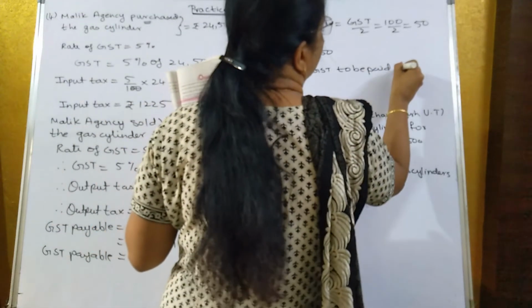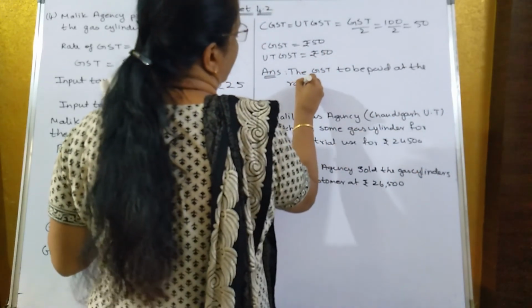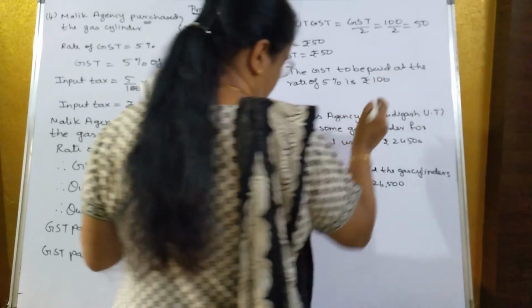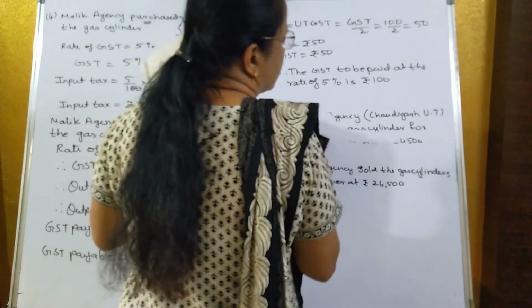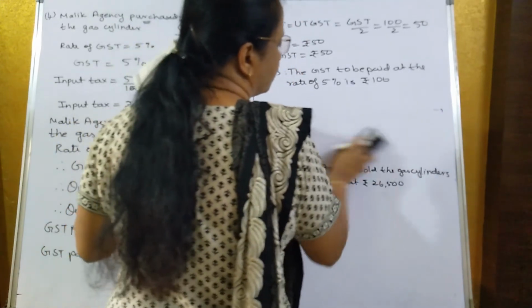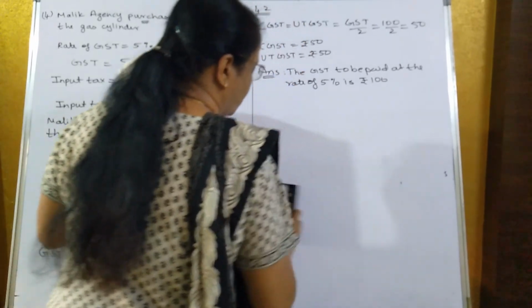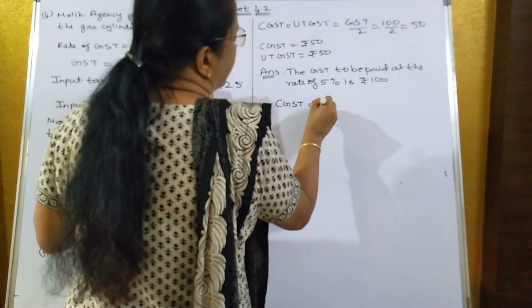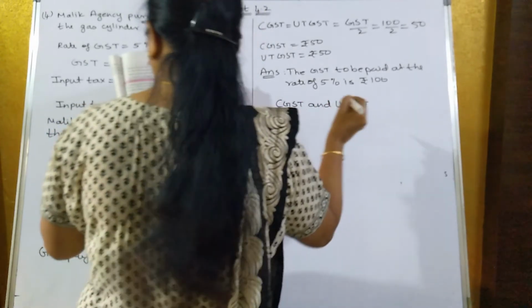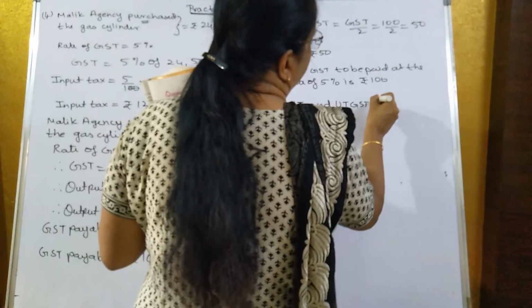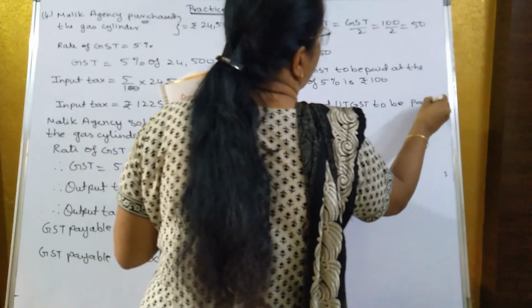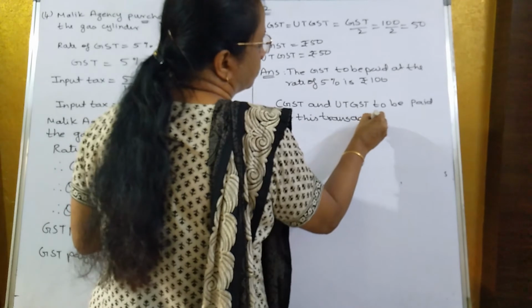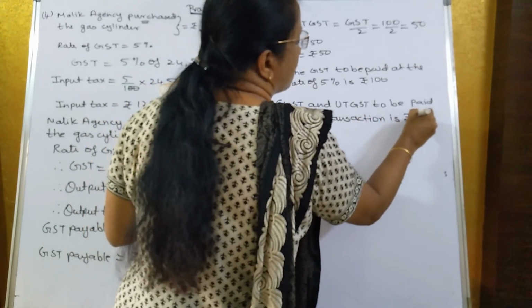at the rate of 5% is rupees 100 and CGST and UTGST to be paid for this transaction is rupees 50 each.